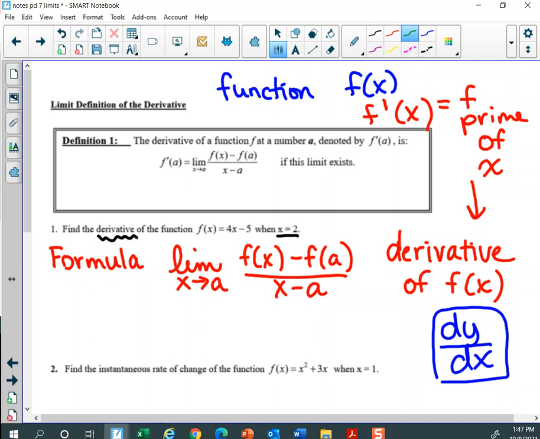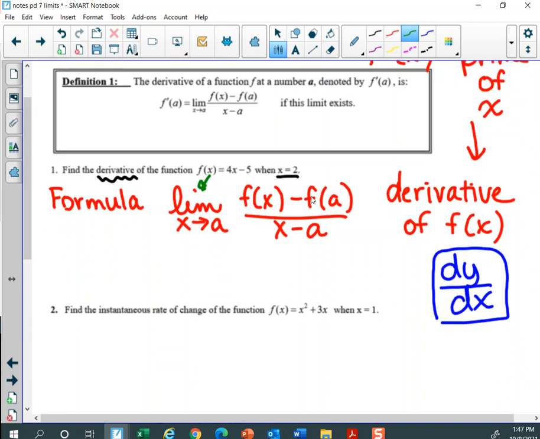Second thing, because this particular formula happens to also be a limit, we're going to need a little bit of limit skills to use this formula to calculate the derivative. Until we learn another way, which is actually going to be sooner rather than later, but for the next couple classes, we're going to focus on this technique, using this formula to find our derivatives.